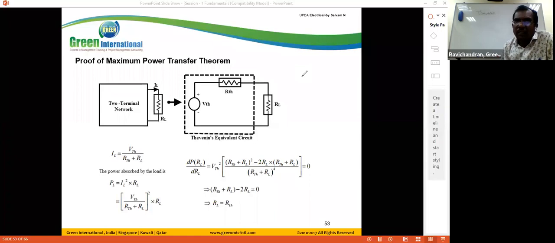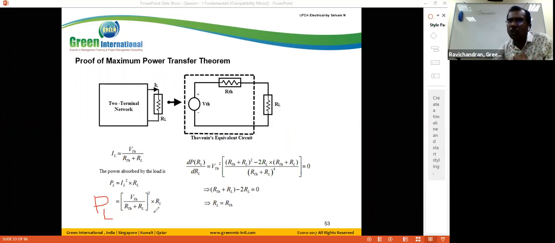To find the maximum power, just remember our mathematics, calculus. In this equation, PL is a function of VTH, RTH, RL. We have three parameters, so the power depends upon these three terms.